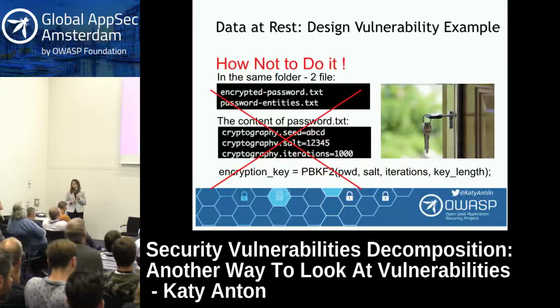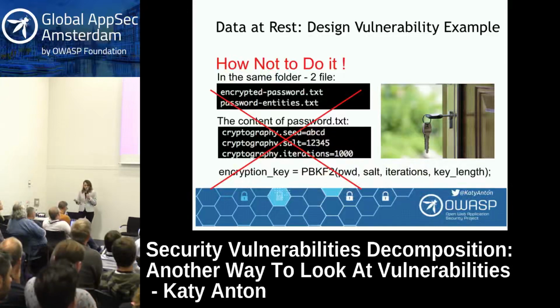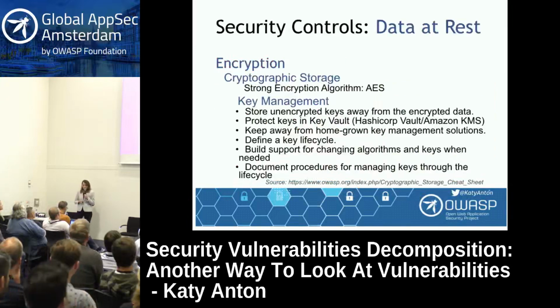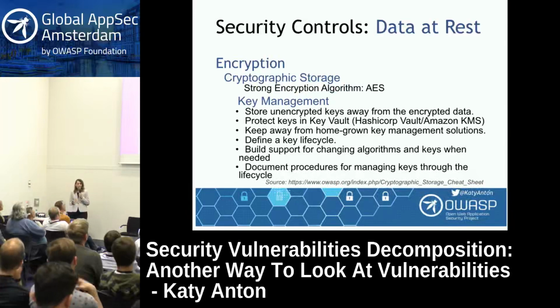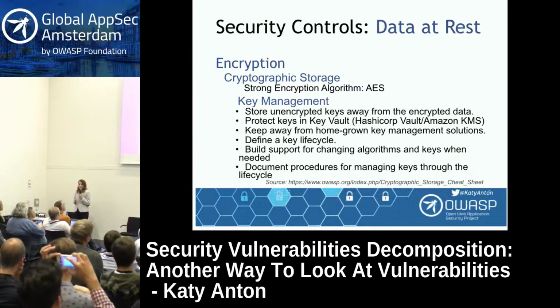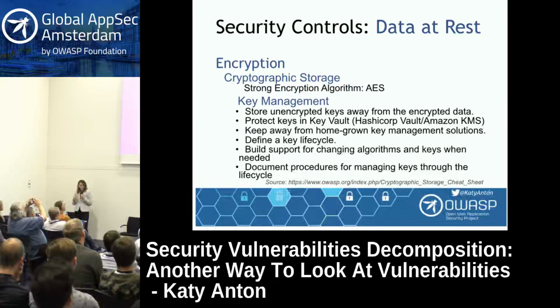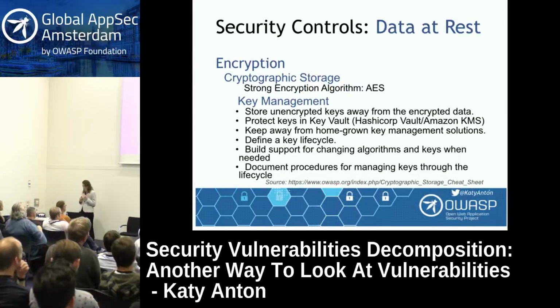So when it comes to data at rest, when you need to encrypt it, the best cryptographic algorithm out there is still AES, but it is important to store the key away from the encrypted data. Stay away from homegrown solutions because they can so easily go wrong, and use dedicated key management solutions.